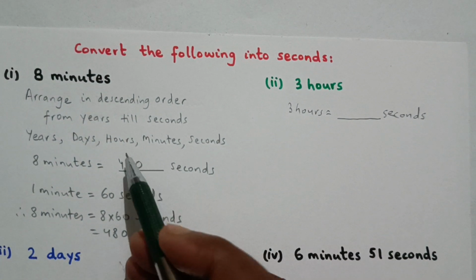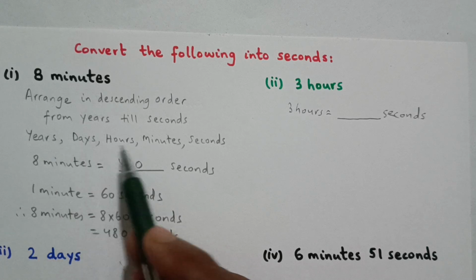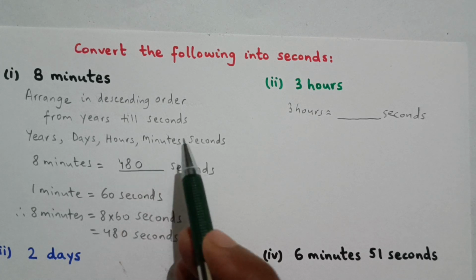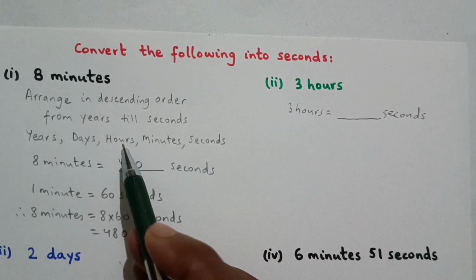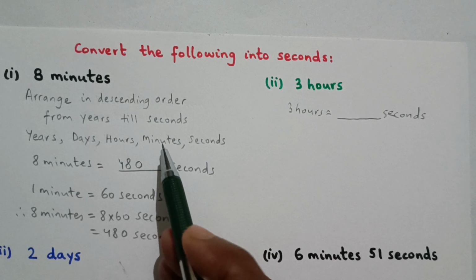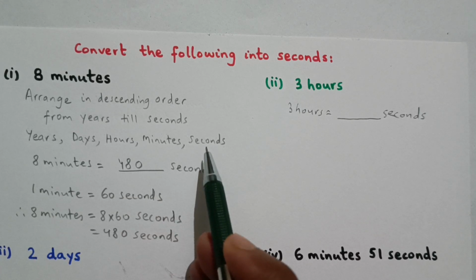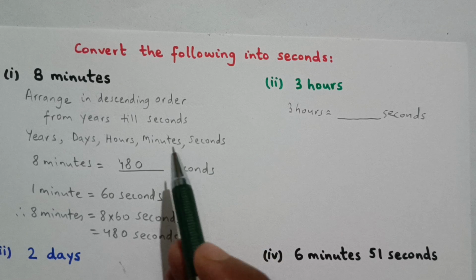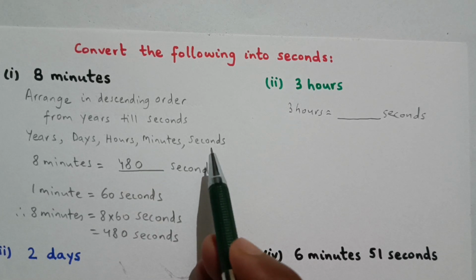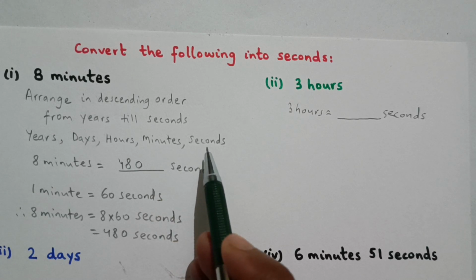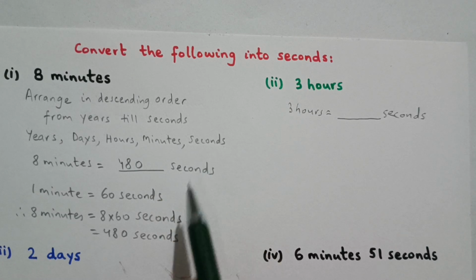In this order, hours is here and seconds is here. So, in order to convert hours to seconds, first we have to convert hours to minutes, and then convert those minutes into seconds. So there are 2 steps involved.